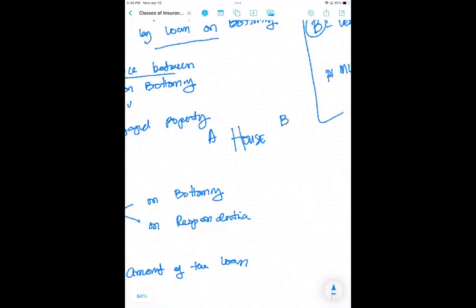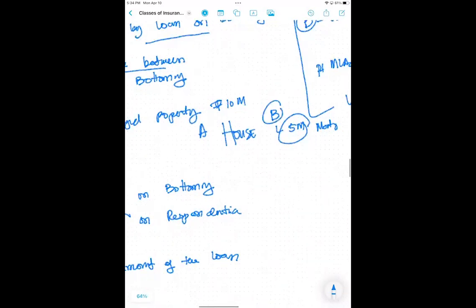And the house is worth 10 million pesos. And the loan from the bank is worth 5 million pesos. So this is also the same as the mortgage. How much can the bank insure the house? It's only for 5 million. How much can A insure the house? It's 10 million. Why not 5 million? Okay? Why not only 5 million? Kasi that's the difference between 5 million and 10 million, right?